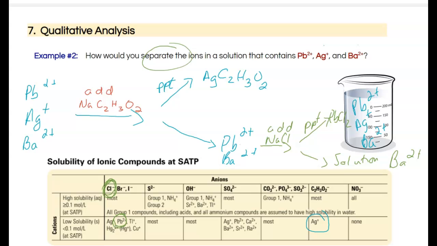And now to separate them, I would add my sodium chloride, because chloride is going to precipitate out my lead, but it's not going to precipitate out my barium. So that gives me lead chloride, and I filter that lead chloride out, and that will give me a solution of barium ions all separated. So I've accomplished my task.